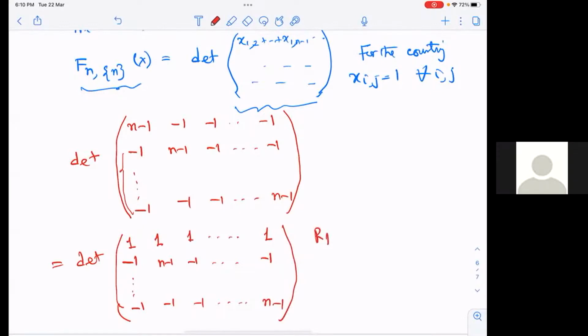So row 1 is replaced by row 1 plus row 2 plus up to row n minus 1. So this is an n minus 1 by n minus 1 matrix, because I have deleted that nth row and nth column.